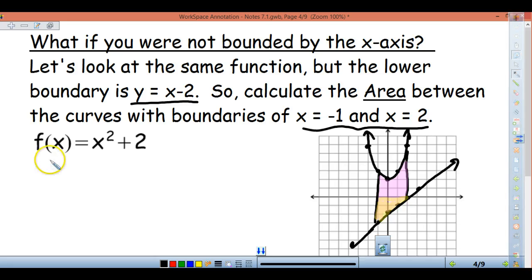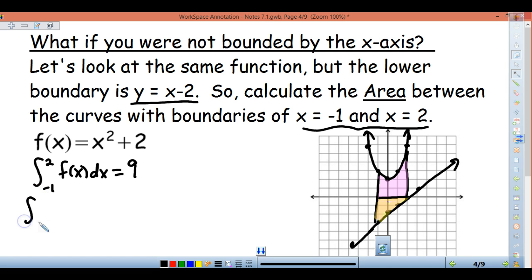If we want to find the pink area, the area under the parabola bounded by the x-axis here, we just calculated that. From -1 to 2 of f of x dx, we had just calculated that area to be 9.